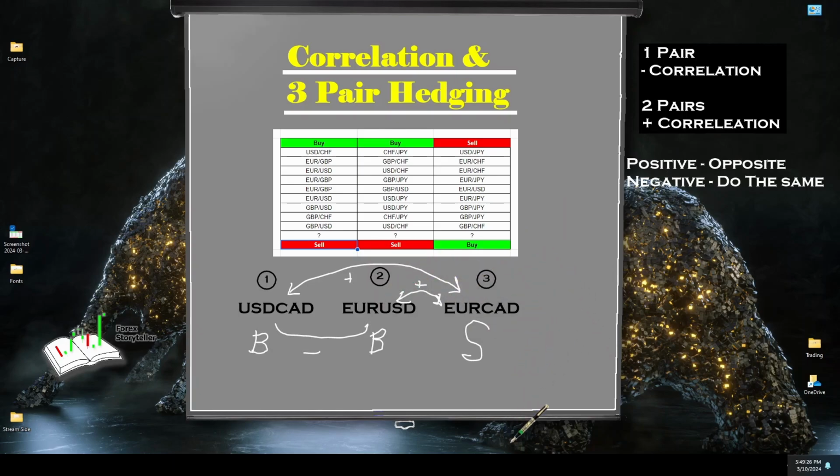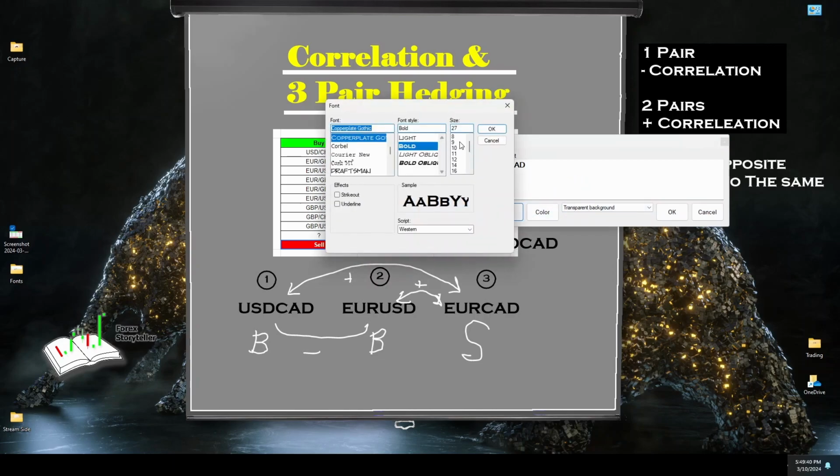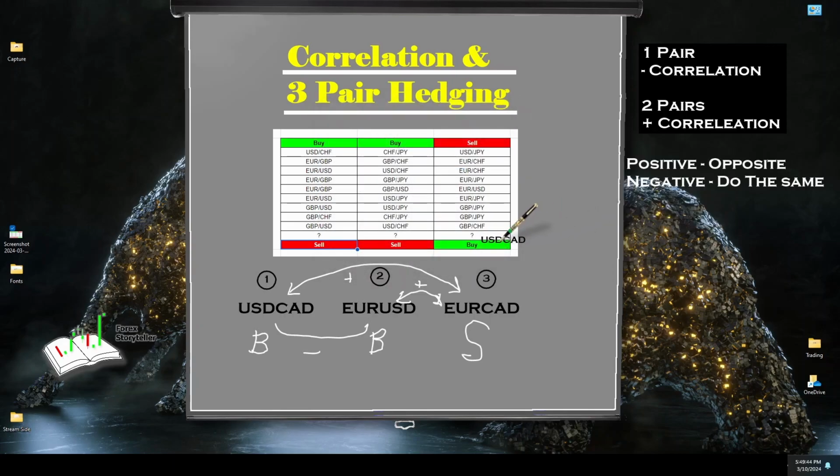So the way we would actually have to set this chart is we would be setting the USD CAD here. Let me make that just a touch smaller to fit the chart. Okay, we would have the USD CAD there. Let's work it from top to bottom.